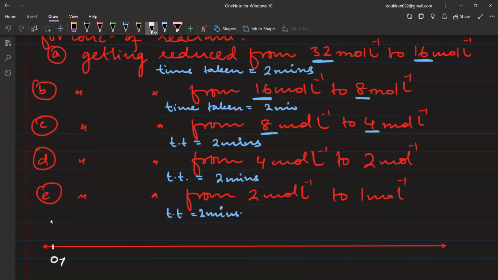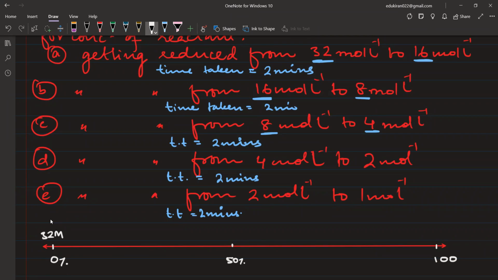So here we have 0% completion. Here we have 100% completion. And somewhere in the middle we will have 50%. प्लीज ध्यान से सुनिएगा. जब 0% कंप्लीट हुआ था हमारे पास कितना था? 32 मोलर. करेक्ट गाइस?